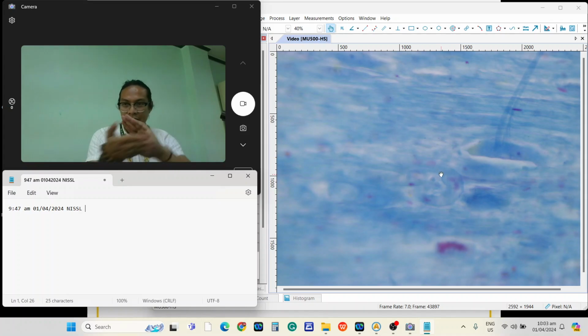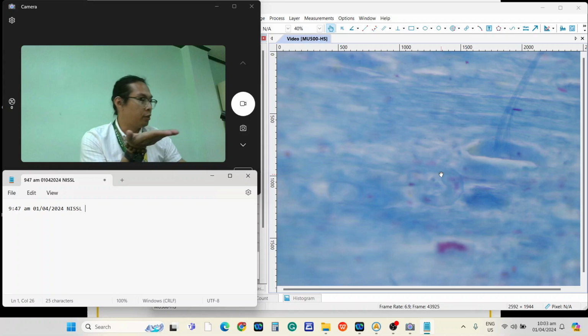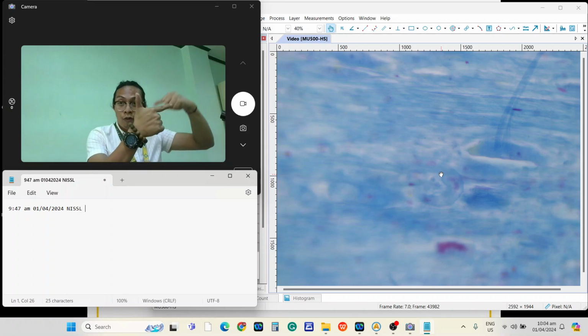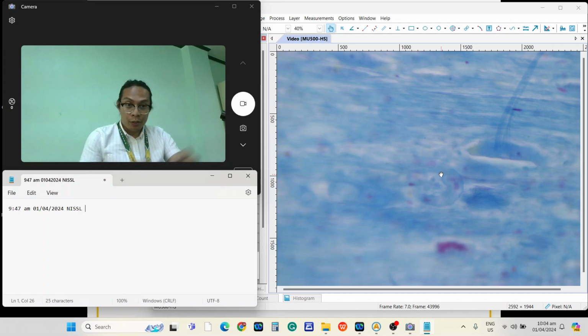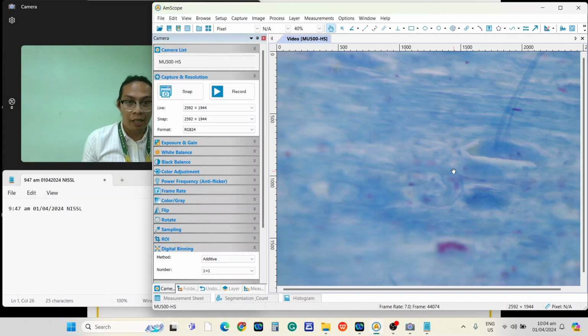So as you can see, wala siya dun sa majority layer noong section or nung slide. Kasi nga, siya ay naka-cover sa fiber. So this is a Schwann cell. Okay, as you can see, that is its shape. It covers the nerve cell fiber.